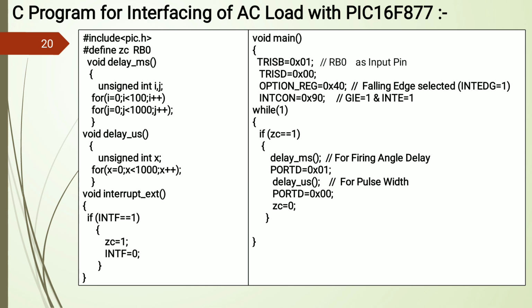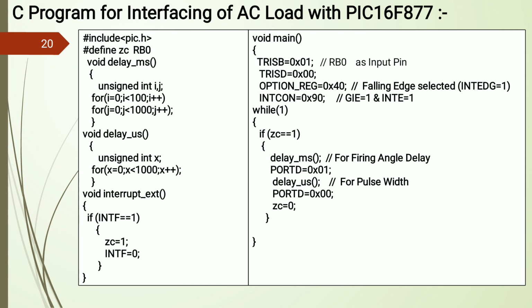In addition to that, while accessing the interrupts, we have to enable the global interrupt as well as the peripheral interrupts. So here global interrupt is enabled and external interrupt is also enabled. So GIE is equal to 1 and INTE is equal to 1, so INTCON is equal to 0x90.